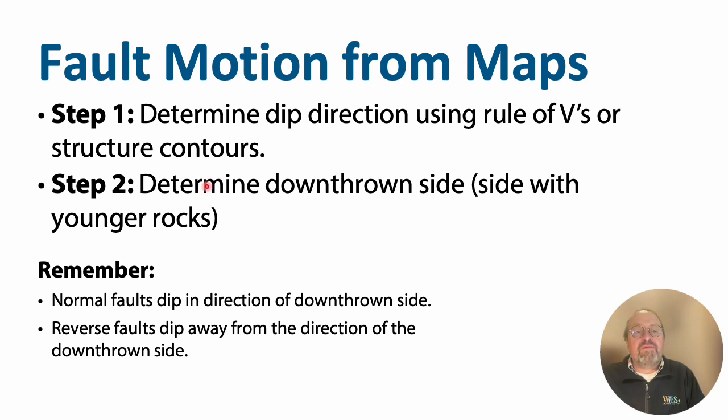And then we have to figure out which is the downthrown side, which one has the younger rocks in it, right? And the trick here is that normal faults have younger rocks on the downthrown side, and the motion is towards the downthrown side, whereas reverse faults are the opposite. The direction of motion is away from the downthrown side. It's going up.